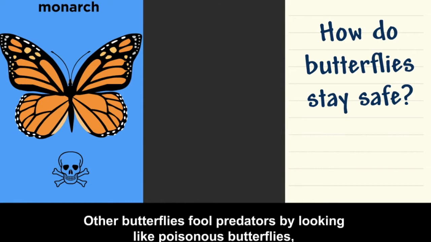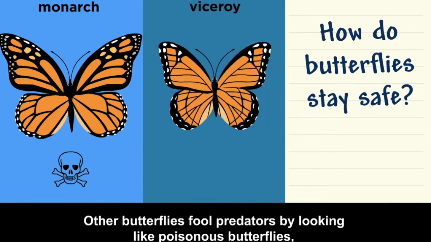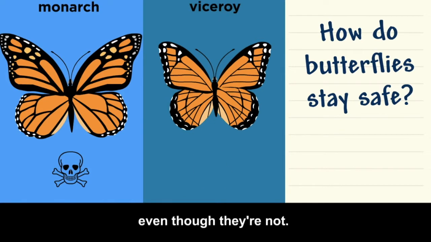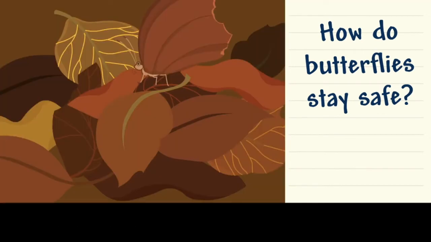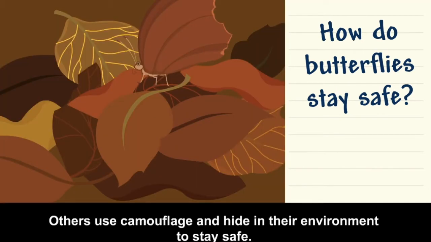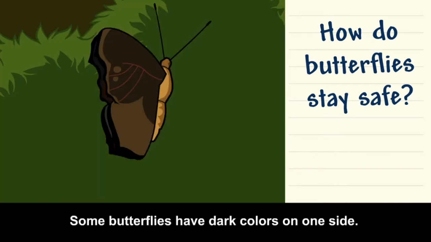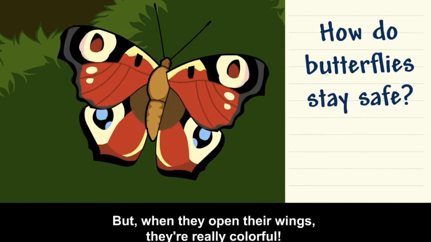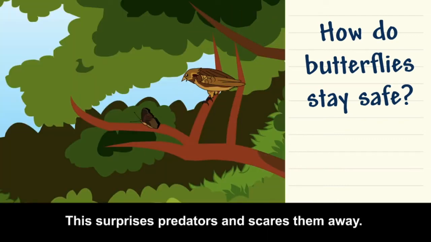Other butterflies fool predators by looking like poisonous butterflies, even though they're not. Others use camouflage and hide in their environment to stay safe. Some butterflies have dark colors on one side, but when they open their wings, they're really colorful. This surprises predators and scares them away.